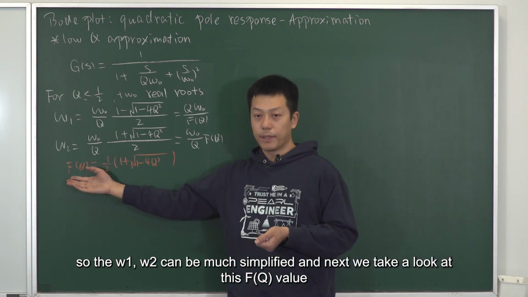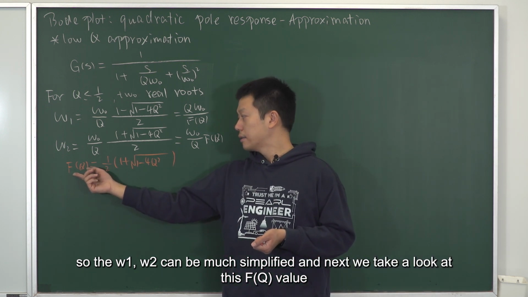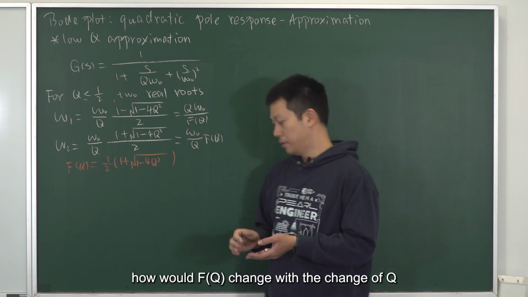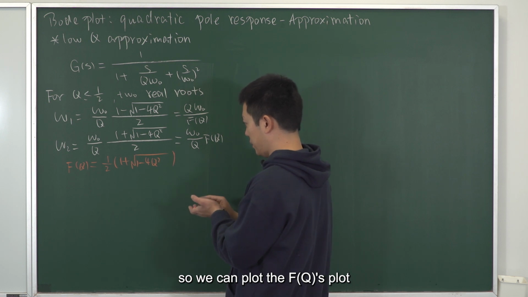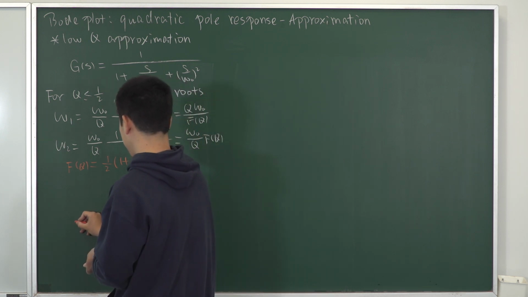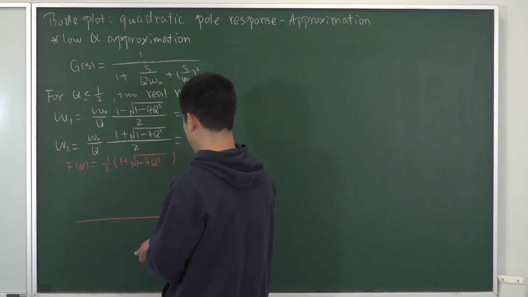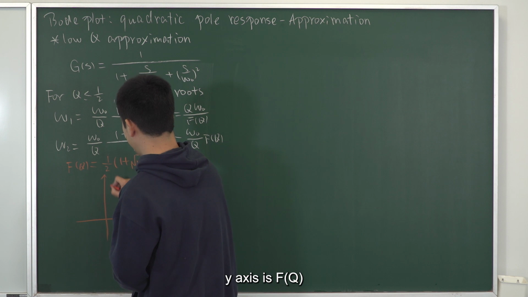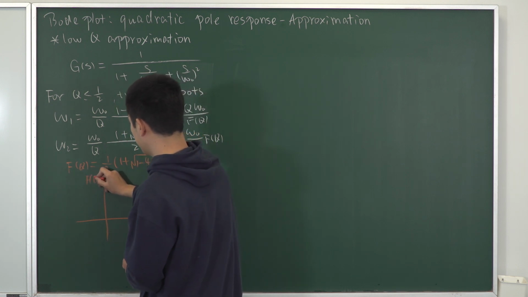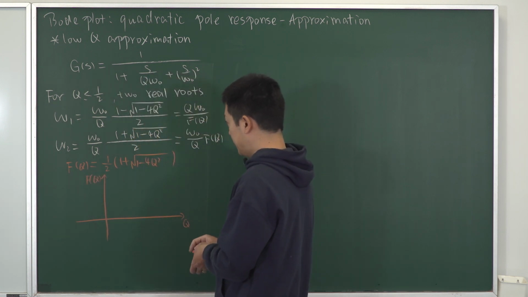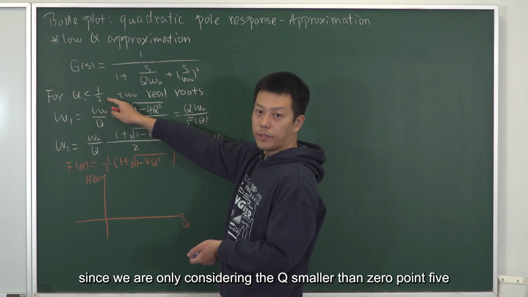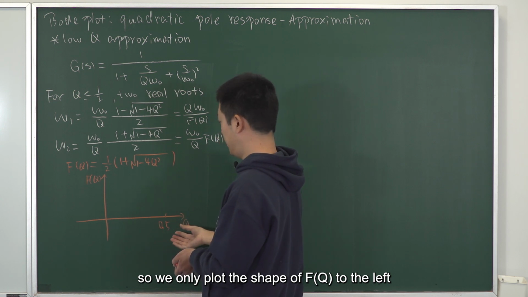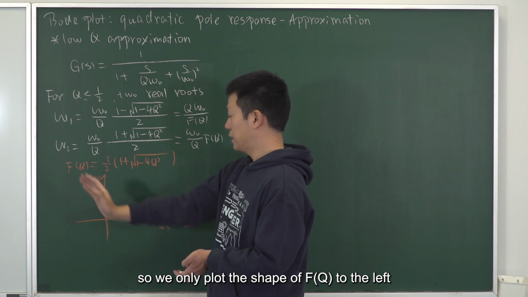Next, we take a look at this F(Q) value. How would F(Q) change with the change of Q? So we can plot F(Q). The x-axis is Q, the y-axis is F(Q). Since we are only considering Q smaller than 0.5, we only plot the shape of F(Q) to the left.